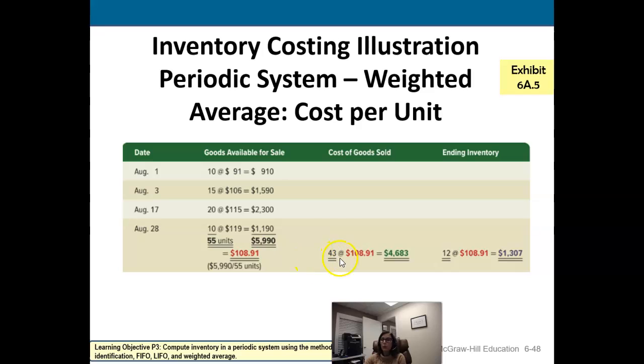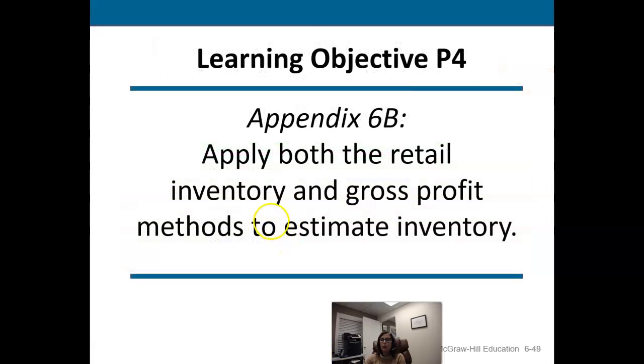We know we sold 43 of them, so we don't bother to re-average our inventory after we buy new stuff every time. So it's just once and in the end. So again, it's simpler, but by the same token, if a customer calls up and wants to know in the middle of the month, hey, how many of these widgets do you have on hand? You don't really know. You might have an idea, but you don't really know.